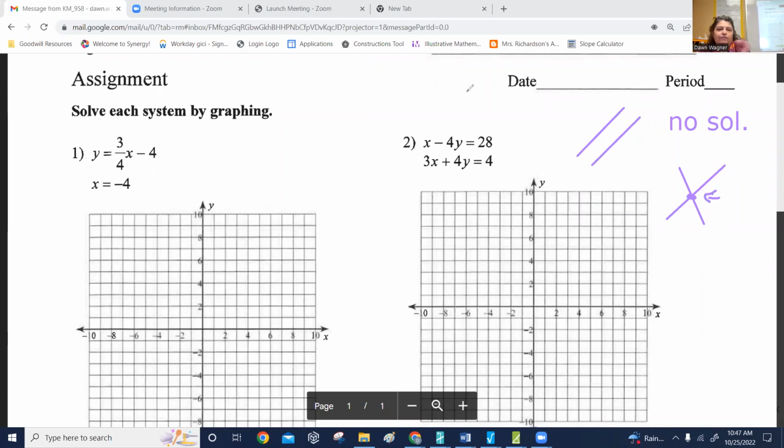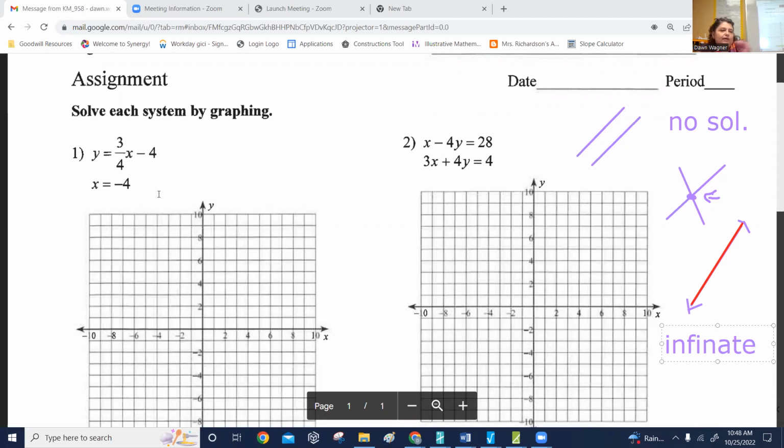Now, if for some reason you graph a line and then you graph another line, but it turns out to be the exact same line on top of each other, this is called infinite solutions, because every single point on that line would work. So then this would be infinite. Okay. We talked about these 3 different solution types. So we're going to graph this first one.